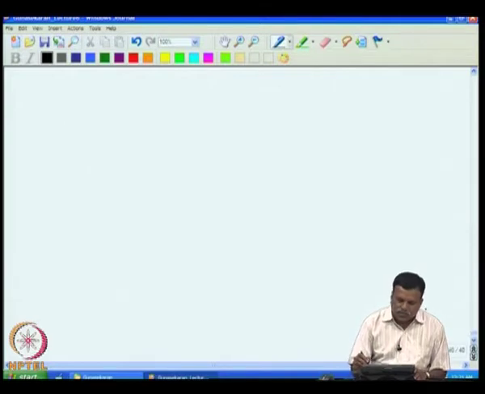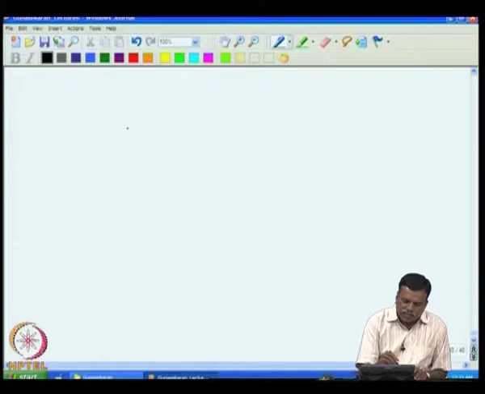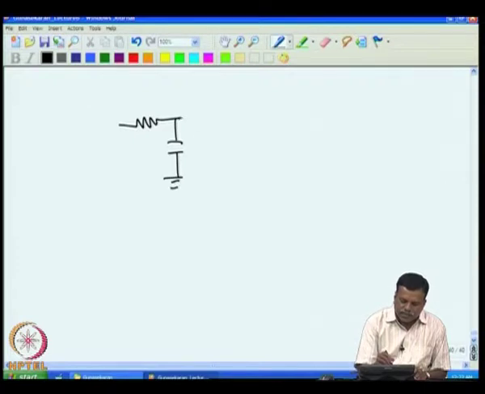In any control system we have to see what is the electrical equivalent of the control system, or in this case the electrical equivalent of this temperature controller. Now, I can show the electrical equivalent like this: you have a system on RC, then I have another RC, say R1 C1, R2 C2.